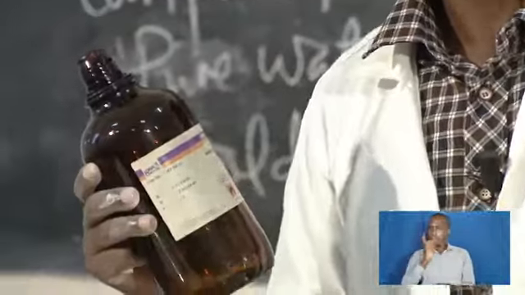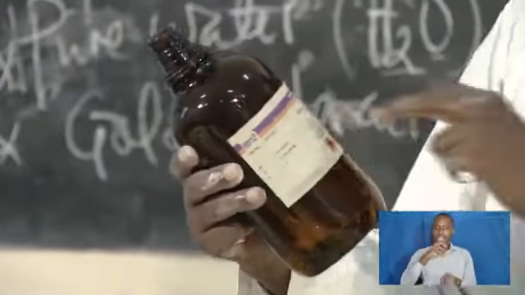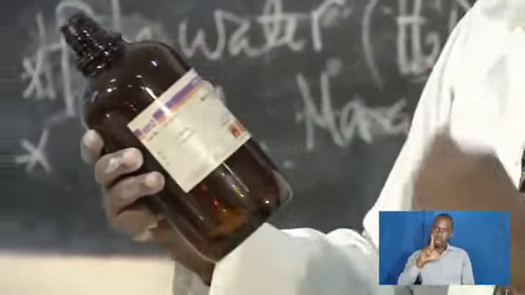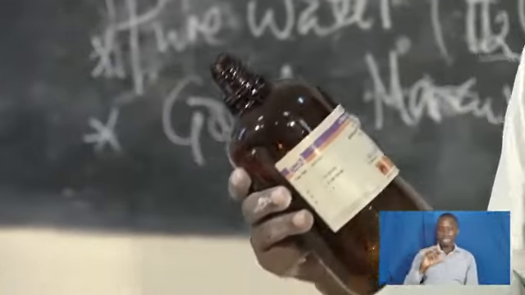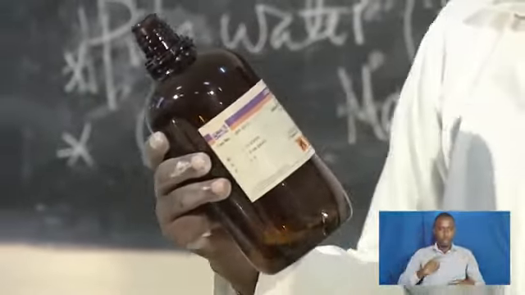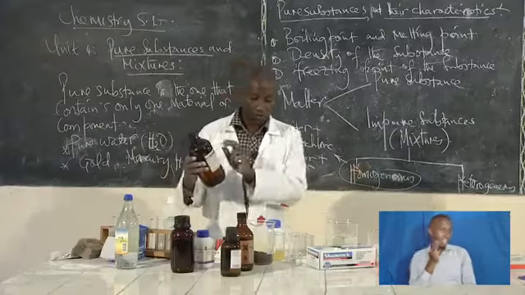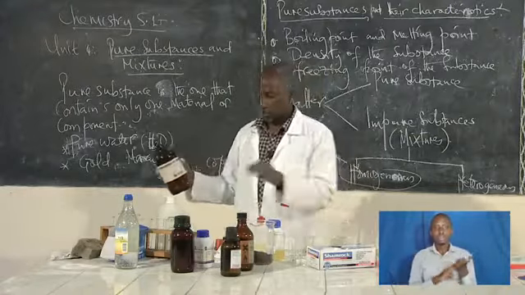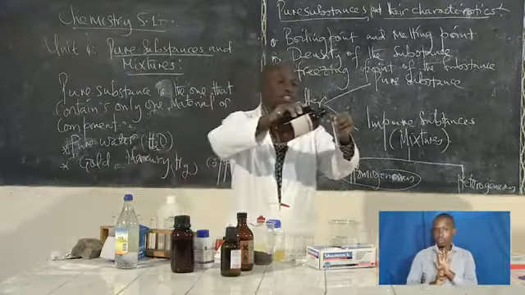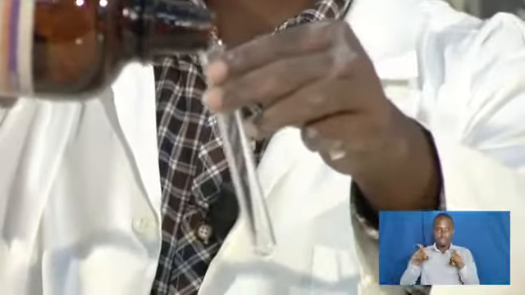It is ethanol. This methanol is very poisonous. When you drink it, it causes immediate blindness and even death. So very dangerous. But here we just want to use it as an example of mixtures which are homogeneous.